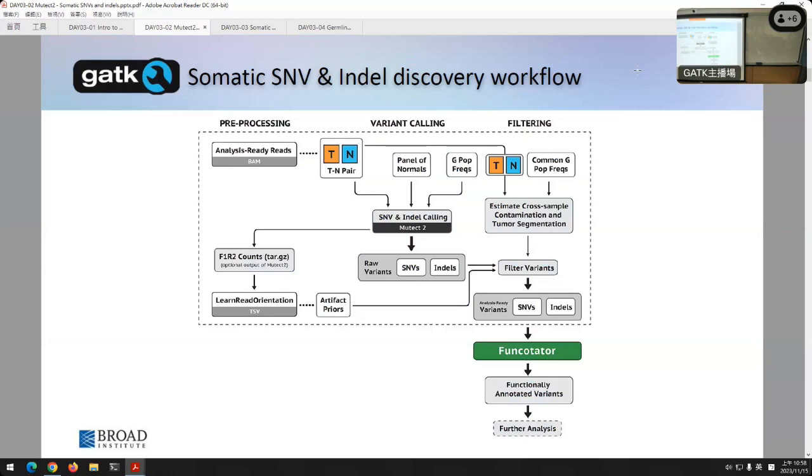Also, one side note: some users find their way to MUTEC-2 because they're trying to discover one particular type of event, the LOH event, loss of heterozygosity, where you have a het call and then in the somatic cell, you lose one of them, and now it looks like a hom call. MUTEC-2 is actually not the best tool for that.